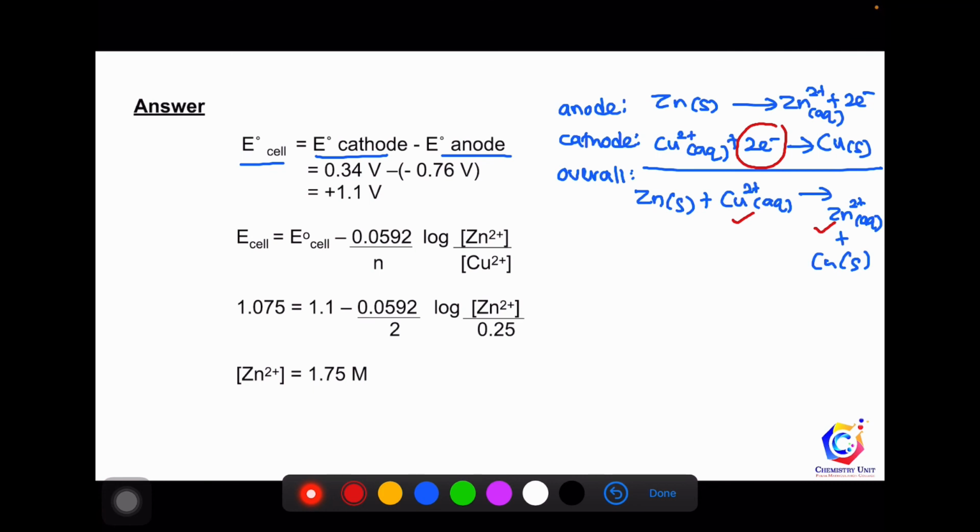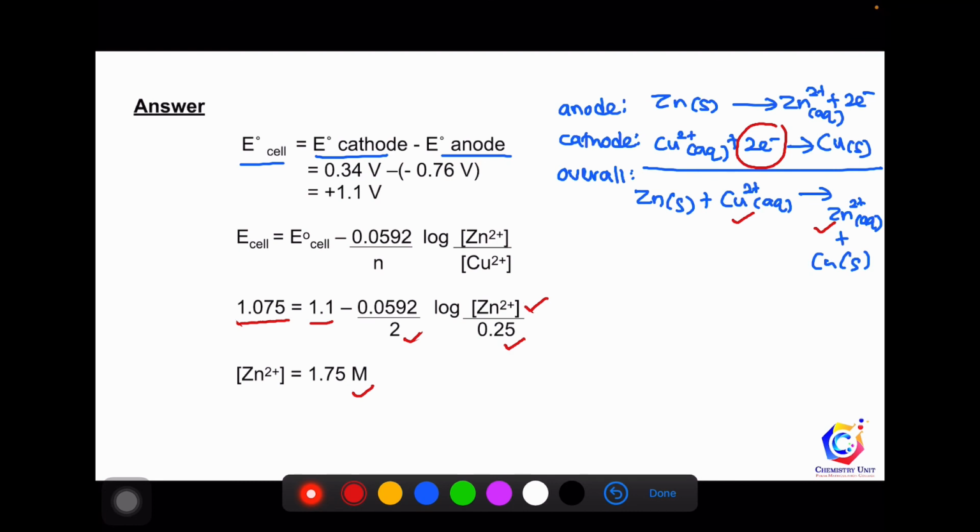Substitute in the corresponding value, which would be E cell 1.075, E naught cell 1.1, and value of 2 since 2 electrons are being transferred, log concentration of zinc 2 plus, which is what we are required to calculate in this question, divided by the concentration of Cu2 plus that is given in the question. The final answer should be 1.75 molar.